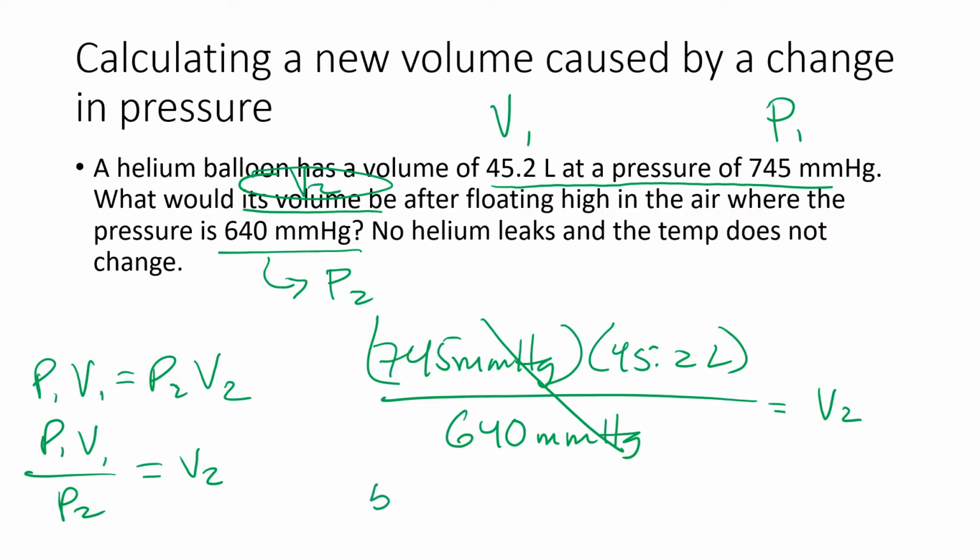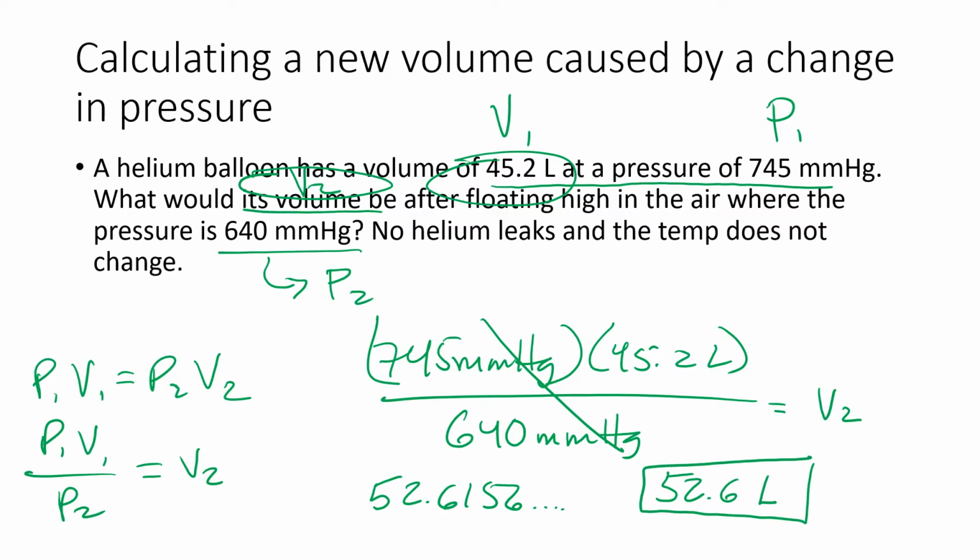My volume is 52.6156, and so on, so let's keep it consistent with that. So it's 52.6 liters. The pressure went down, so the volume increased in this example.